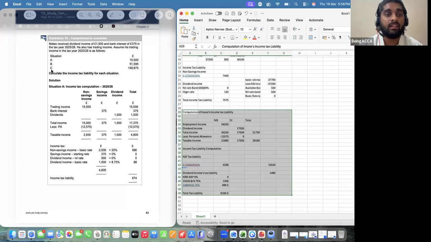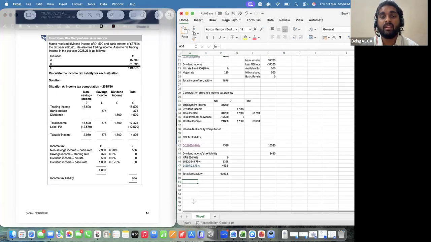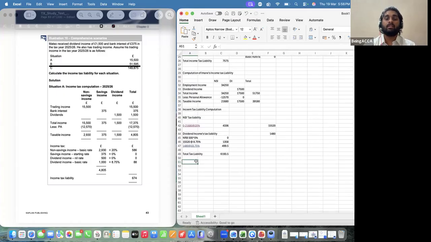So let's take the scenario of B, where the income is at 51,595. When the income is at 51,595, what should we consider? The first thing we will consider is the presentation, the income tax liability computation.